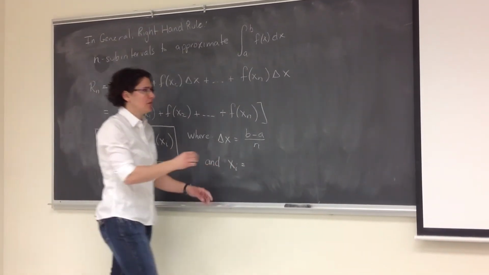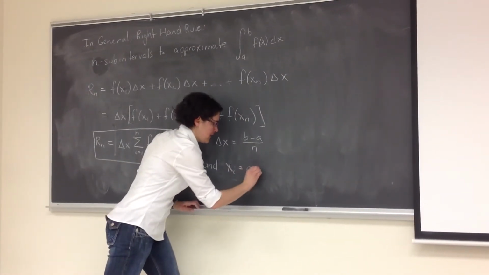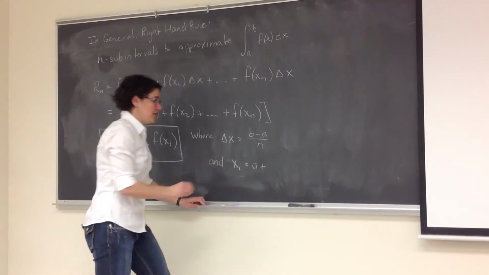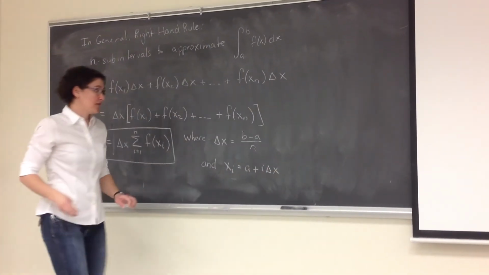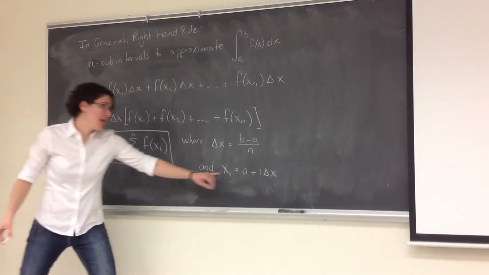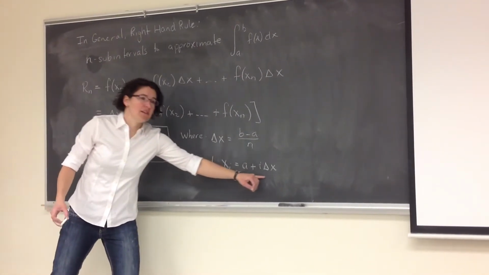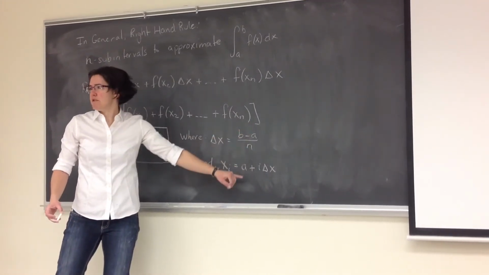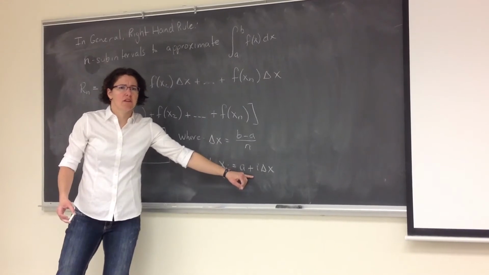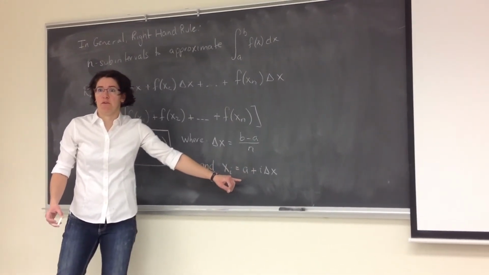The xi's start at our left-hand value, the a, and then add on some number of delta x's. And how many do you add on? Well, you add on i of them. Okay, so those are the x values. Now, do you actually need this value to write down what the labels are? No, you don't. This is the technical equation that will give you those values, but you can figure out those values without this formula as well.